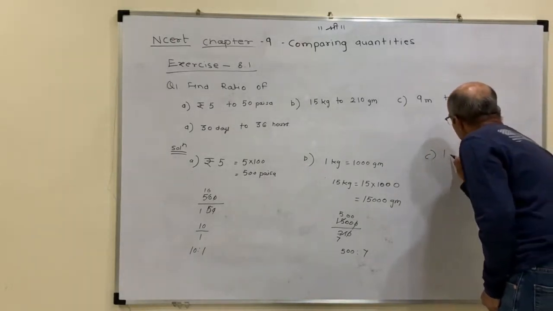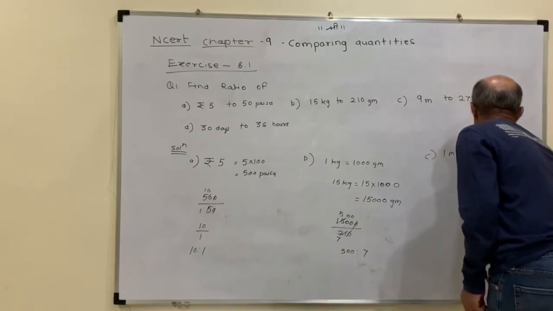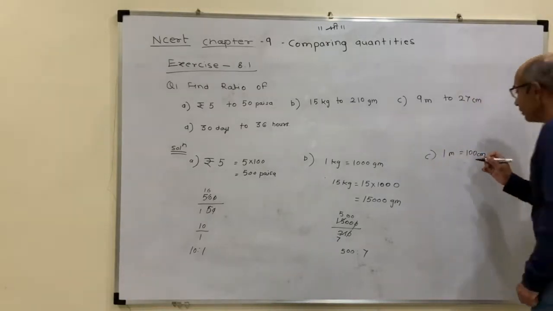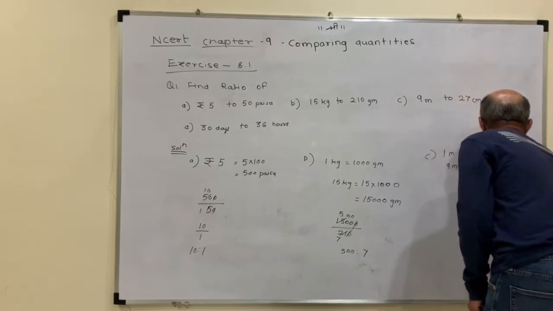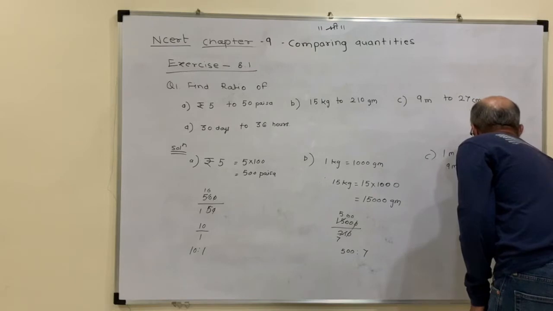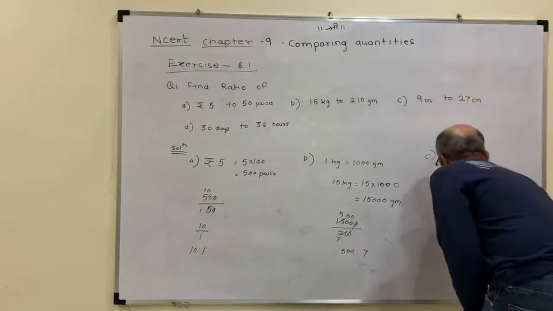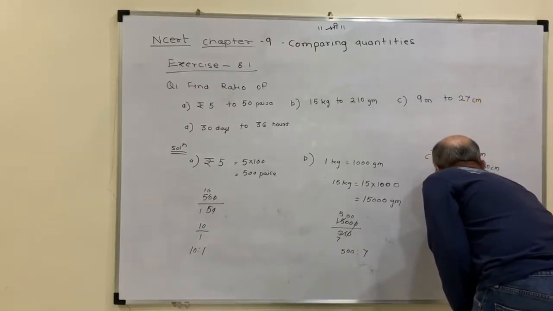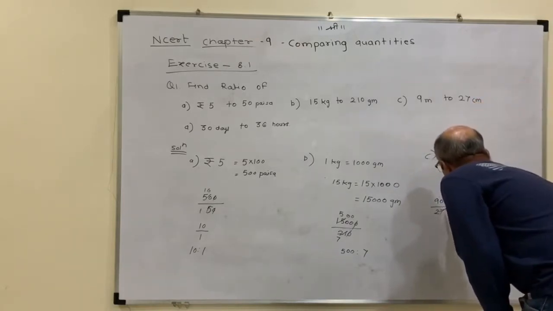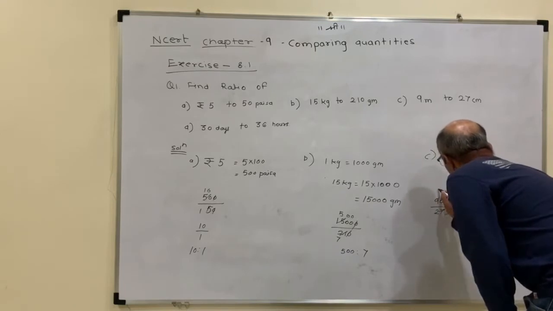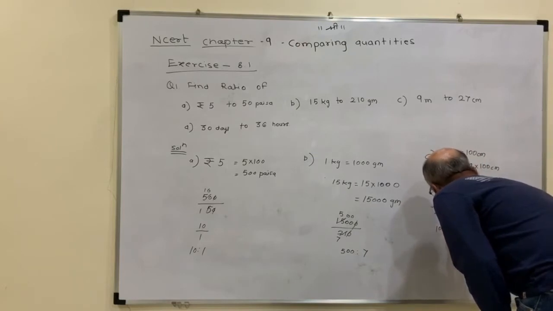Now 1 meter equals 100 centimeters. So 9 meters comes out to be 9 into 100 centimeters, therefore 900 centimeters. So the ratio I need to find is 900 divided by 27. 9 threes are 27, 9 ones are 9. So it comes out to be 100 to 3.